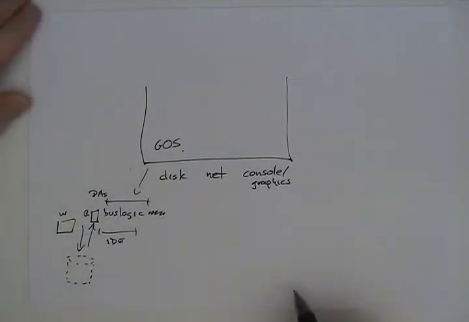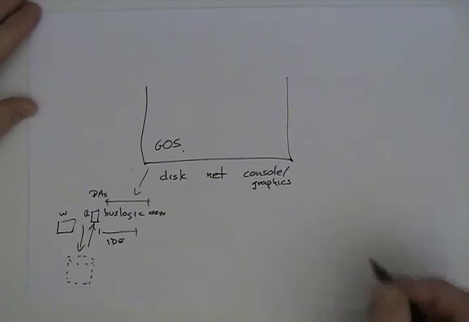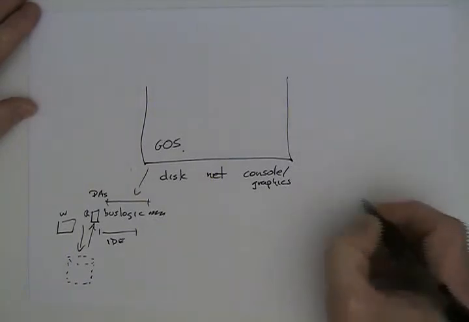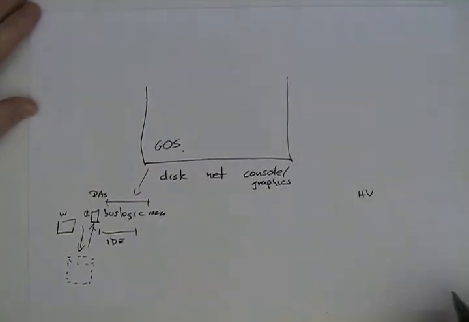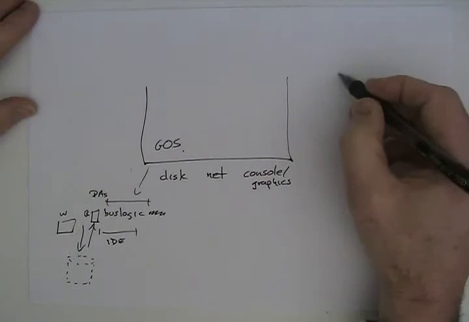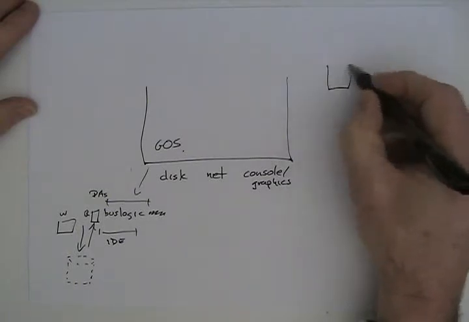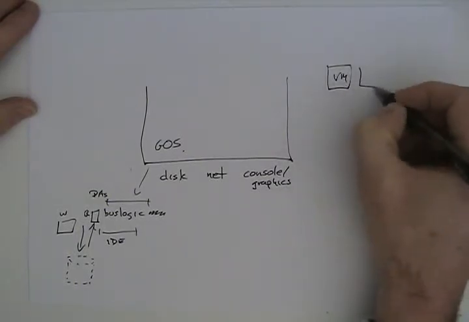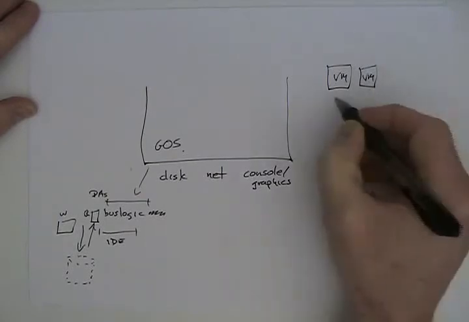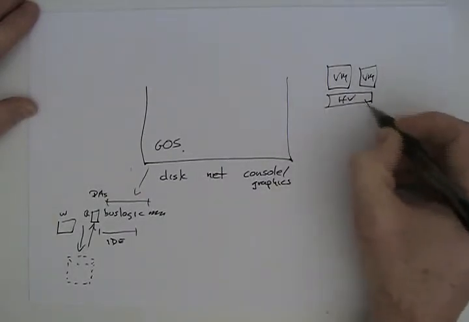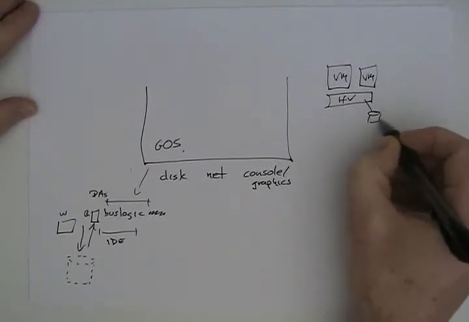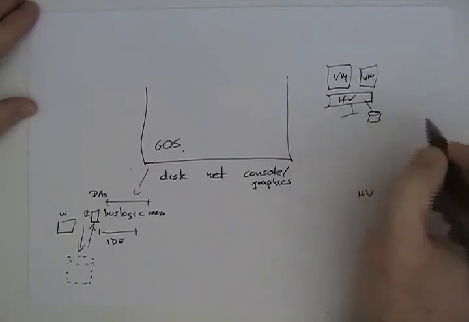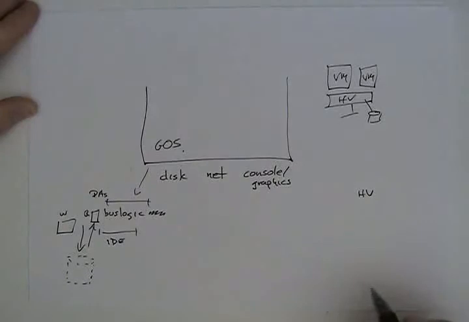The way that gets implemented is typically the hypervisor, let's use a simple case where we'll say it's bare metal virtualization. Basically, you have a virtual machine, you have multiple virtual machines, you've got a hypervisor, and it has its own drivers to the disk, to the network, and so on.